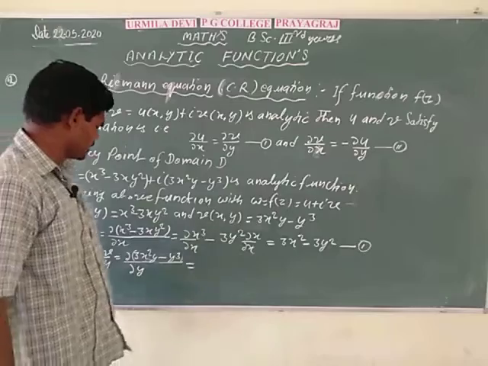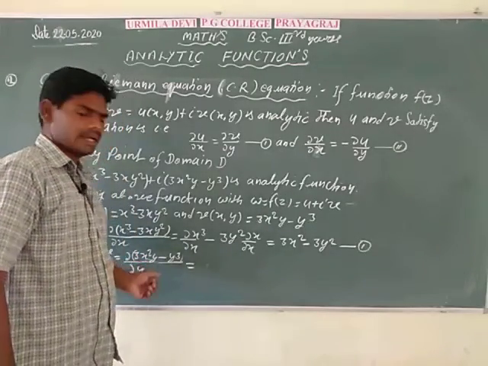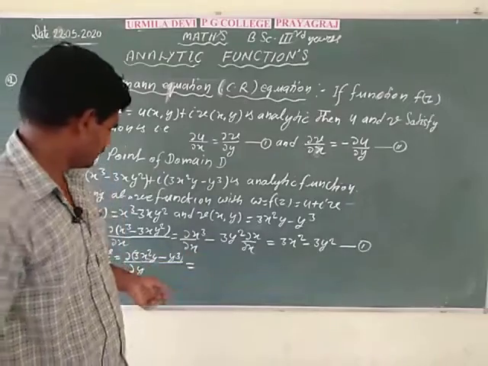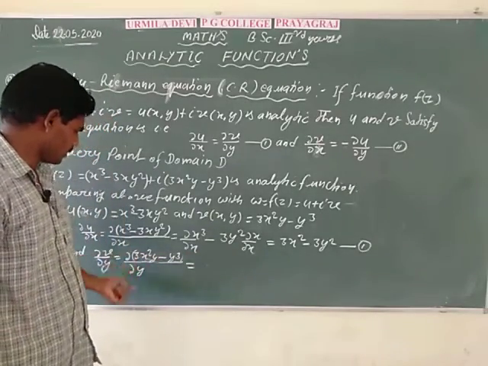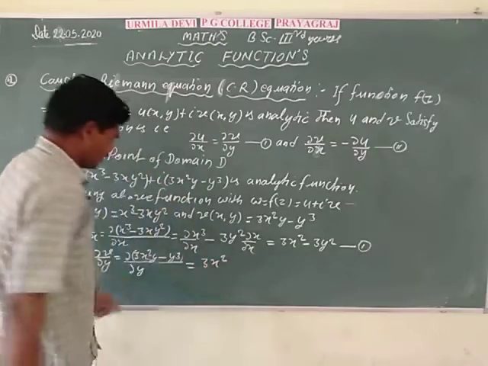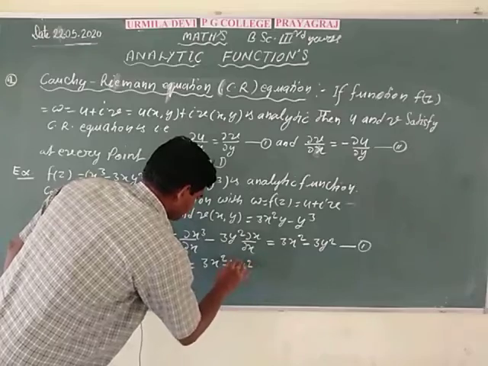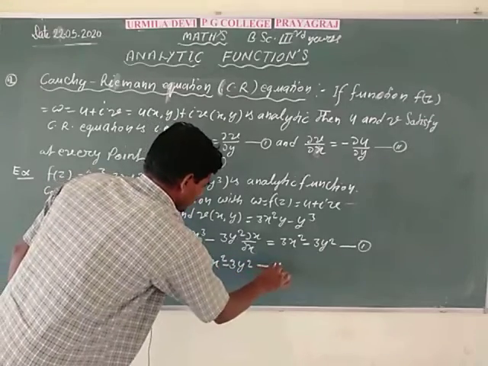Taking the partial differentiation of this with respect to y, with 3 and x as constants, the first part is 3x square, minus 3y square, which is equation second.